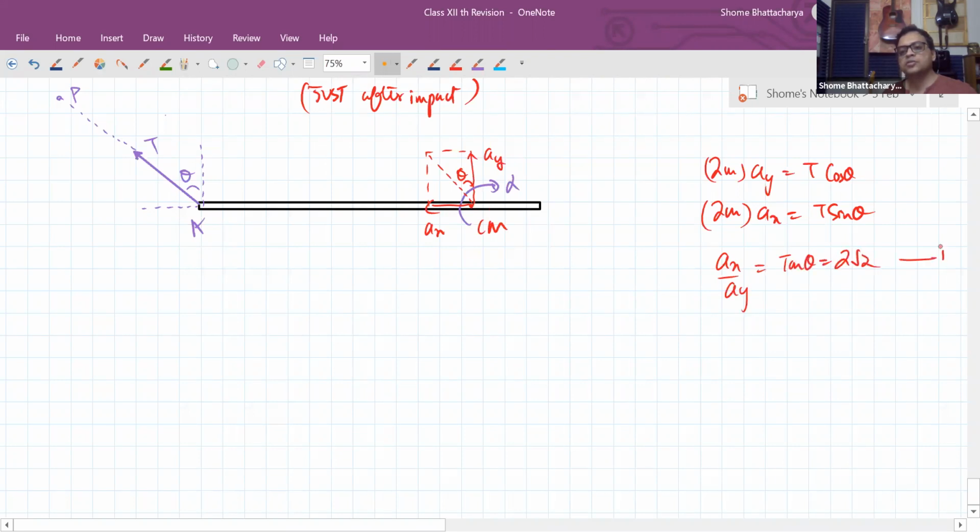Which we've already seen as 2 root as the first thing. Okay. Then we'll also have T sine theta, sorry, T cos theta into the momentum about the center of mass. So that is 3L by 4 is equal to ICM alpha.